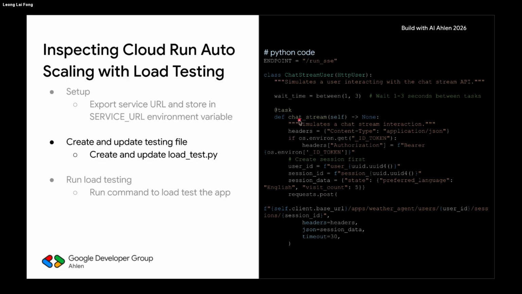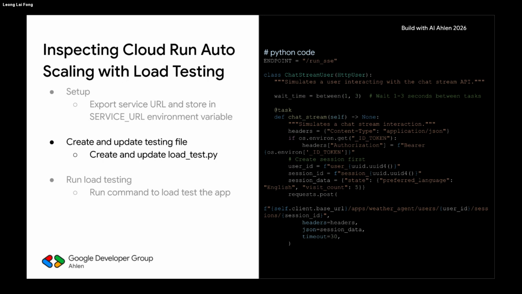Here we simulate the chat stream interaction, and we have set the timeout to 30. This is just a simulation of sending requests to my agent.